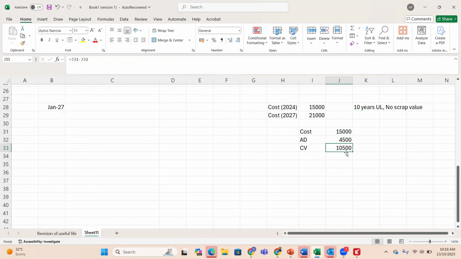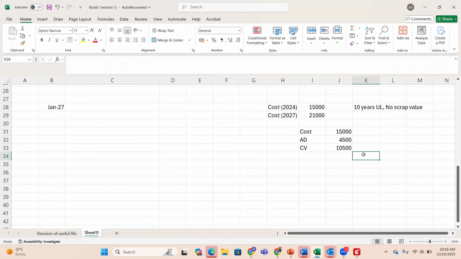Now, the value of the land is how much? The fair value. Now the value of the land is how much?